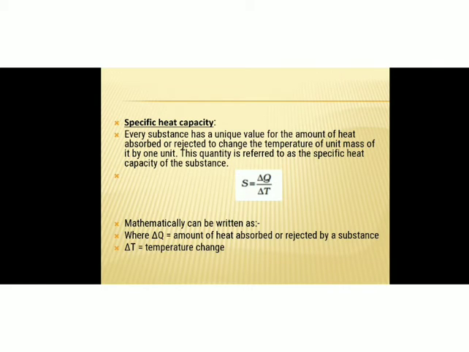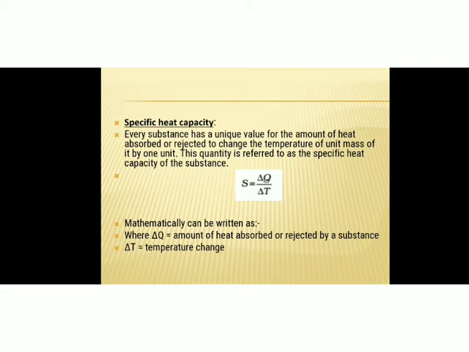Every substance has a unique value for the amount of heat absorbed or rejected to change the temperature of unit mass of it by 1 unit. This quantity is referred to as the specific heat capacity of the substance.